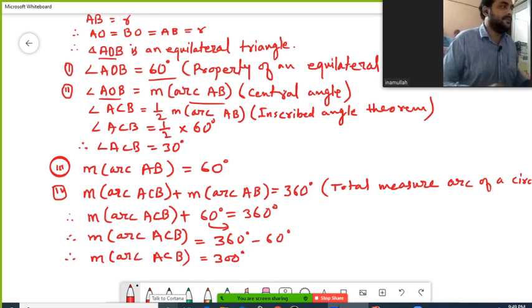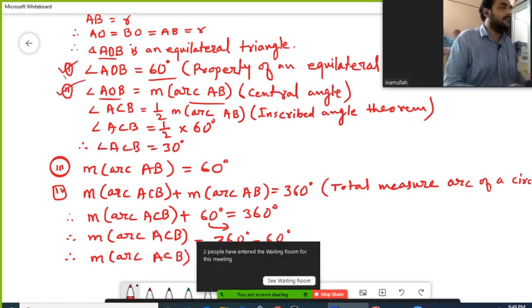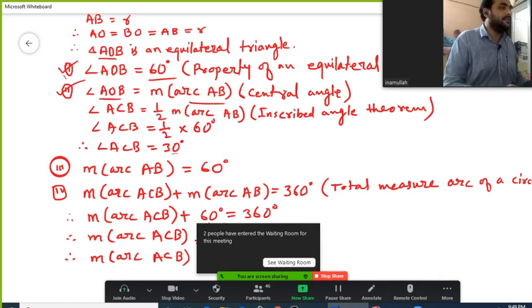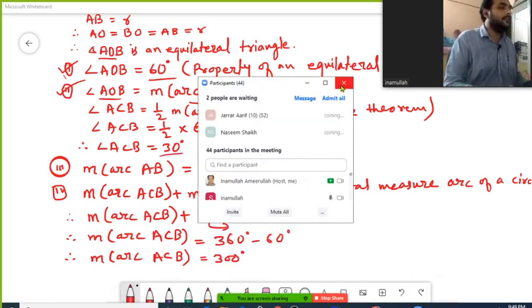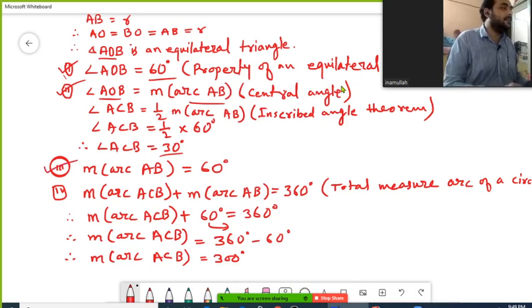So this is your solution. First component was angle AOB, which is 60 degrees. Second, angle ACB, that is 30 degrees. And your third one is about major arc AB, which is 60 degrees. And the fourth sub question was to calculate major arc ACB, and that is 300 degrees.